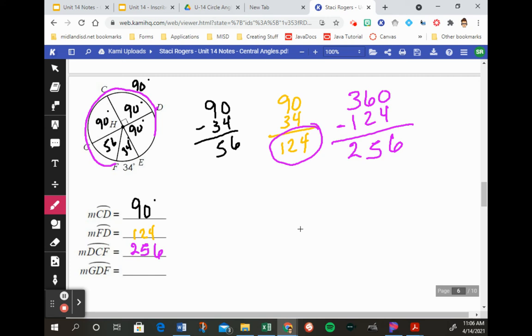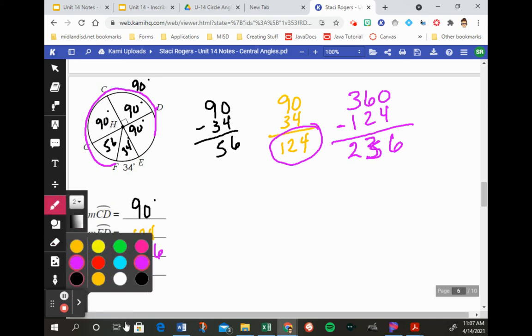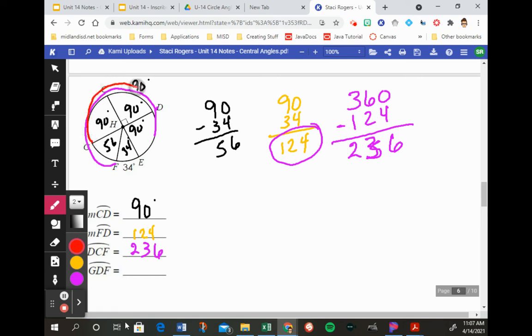256? No, 236. $236. And the last one, GDF, is 360 minus 56.